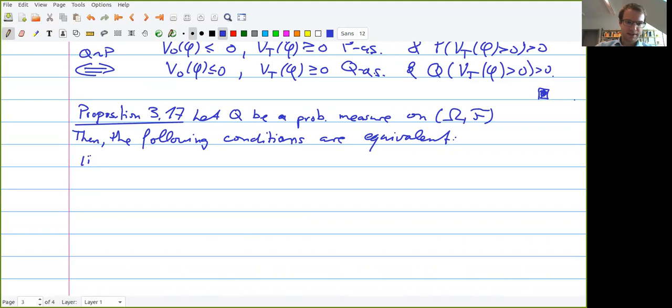The first one is, Q is a martingale measure.